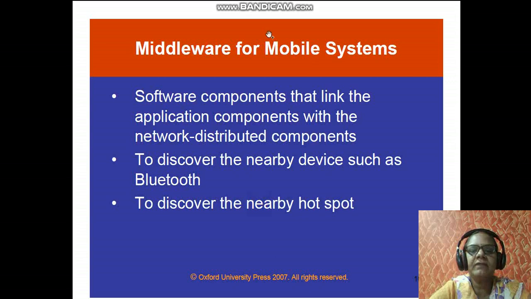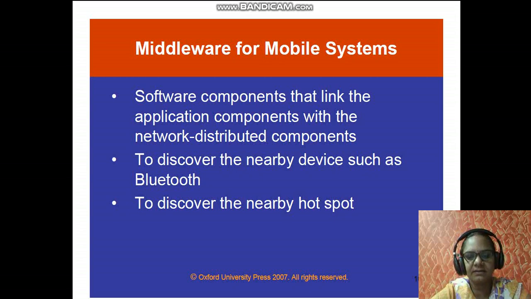Now let's see the middleware for the mobile system. Software components that link the application components with the network distributed components to discover the nearby devices such as Bluetooth and to discover the nearby hotspot. This is the middleware function of the mobile system, where the hotspot facility can be used for connecting to the remote devices which are nearby.